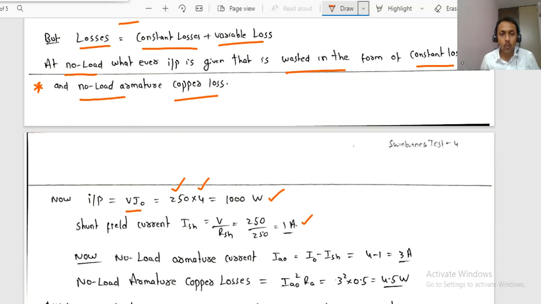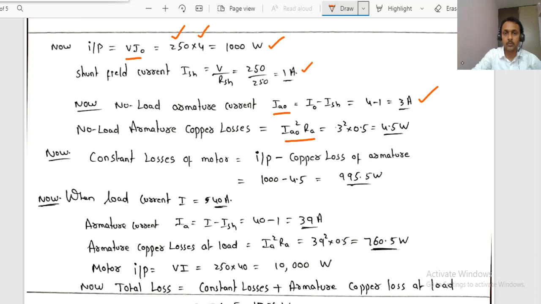Once you know I_SH and I naught, what about the armature current? I naught minus I_SH, 4 minus 1, is 3 amps. So the armature copper loss is I squared R, I_A naught squared times R_A, 3 squared into 0.5, so the armature copper loss is 4.5 watts.